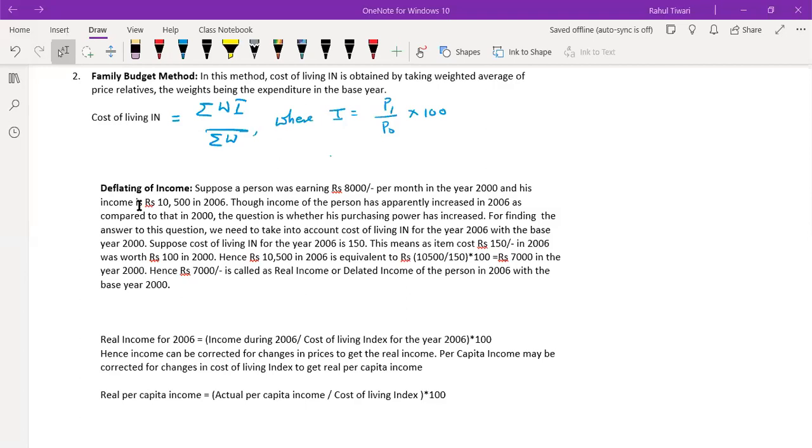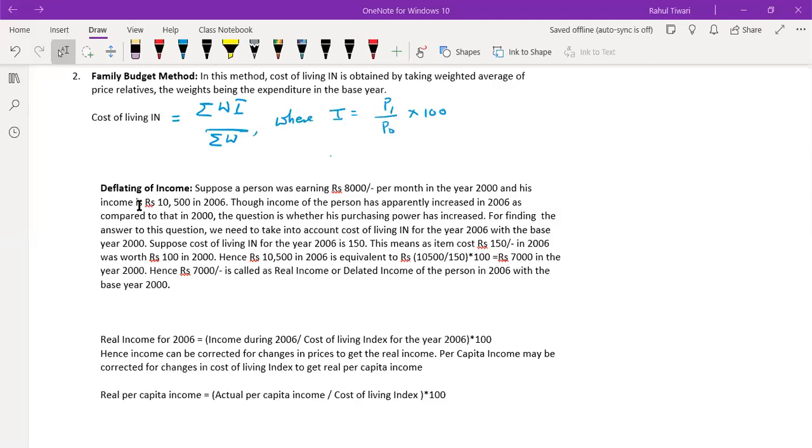Is it fine? Just maybe one or two examples based on this, and then we can stop. Then if you want, you can go ahead, no problem.